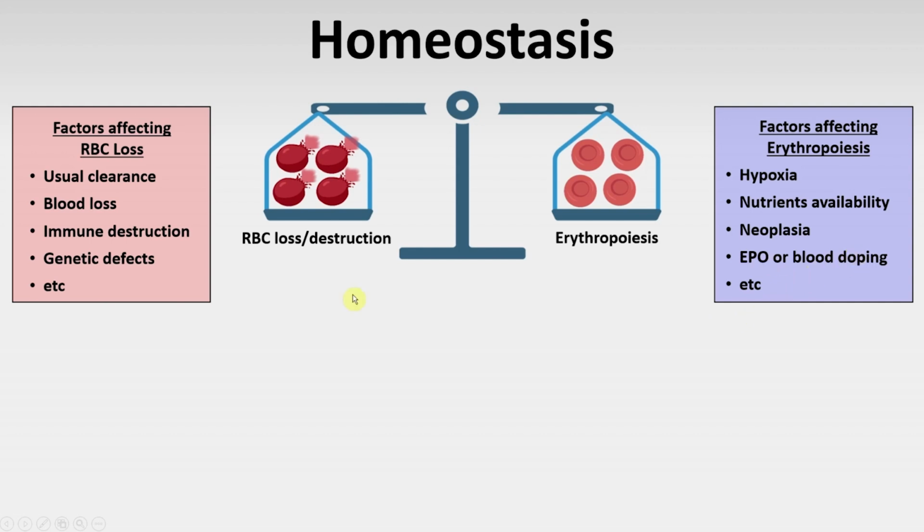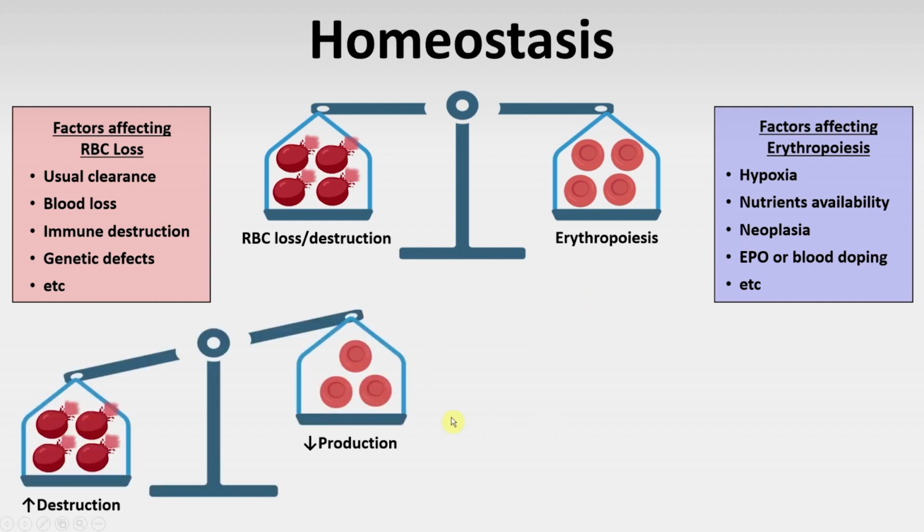So all these factors need to be balanced in order to achieve an equilibrium in the amount of red blood cells in the body. And when there's disruption of this balance, for example, in situations where there's more destruction of red blood cells than production, that is when anemia happens.